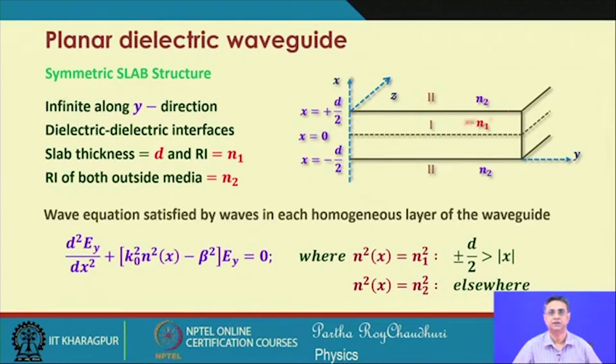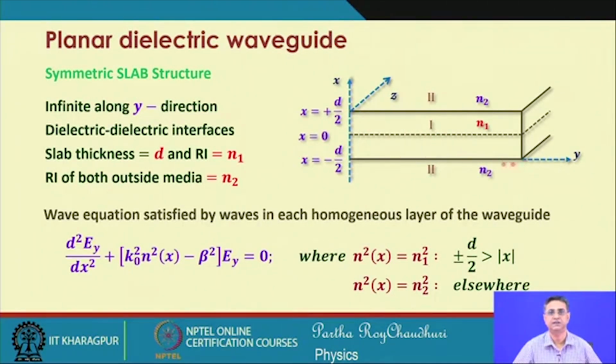Because of the nature of the waveguide, we assume that along the y direction the waveguide is infinite, and there is a refractive index variation only along the x direction, but each region is constant. It gives rise to constant homogeneous refractive indices.